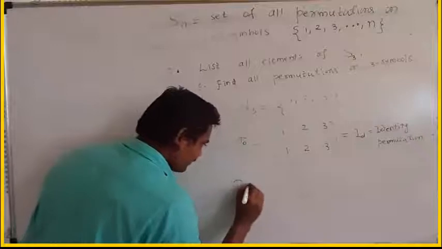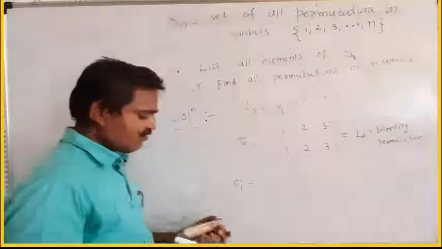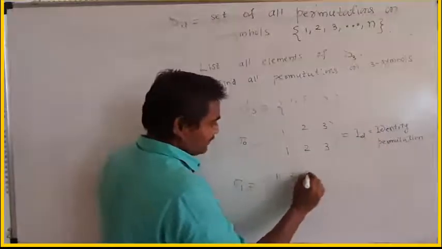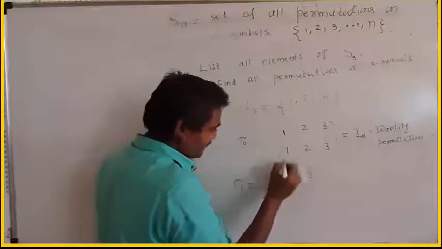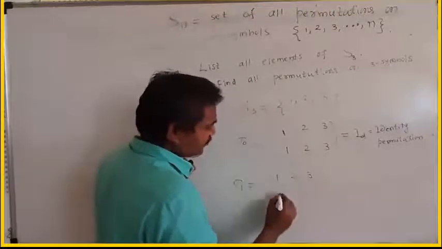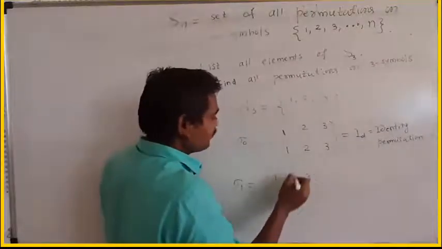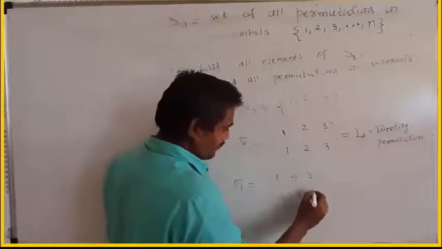Sigma 1: take the image of 1 as 2, image of 2 as 3, image of 3 as 1.